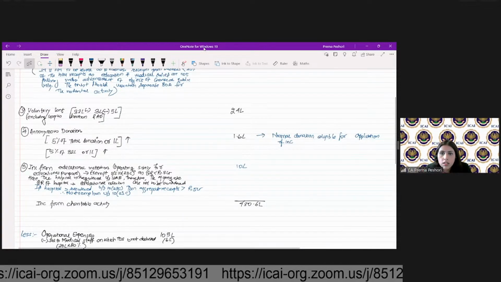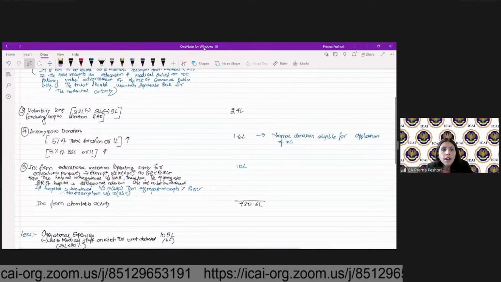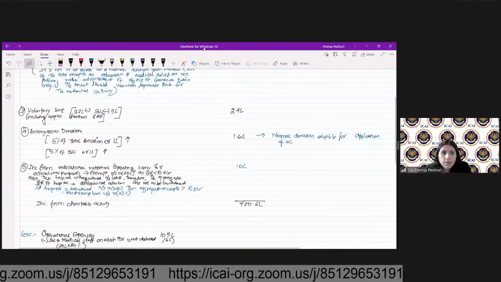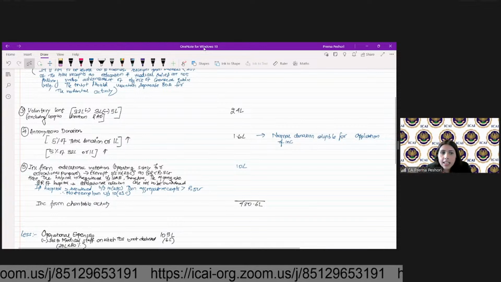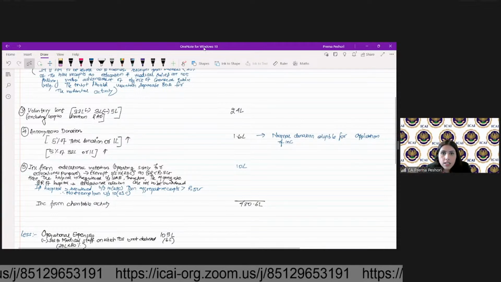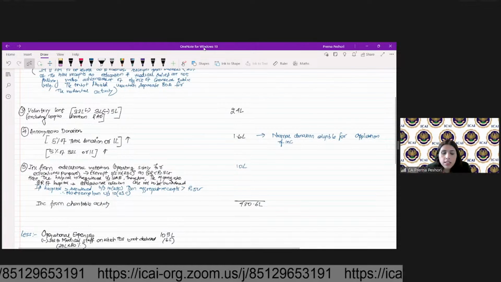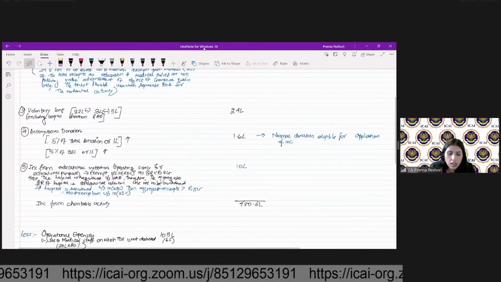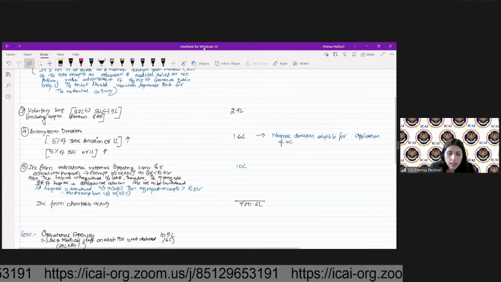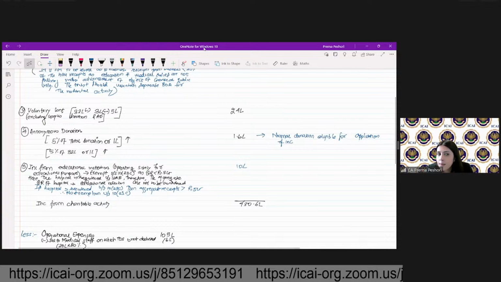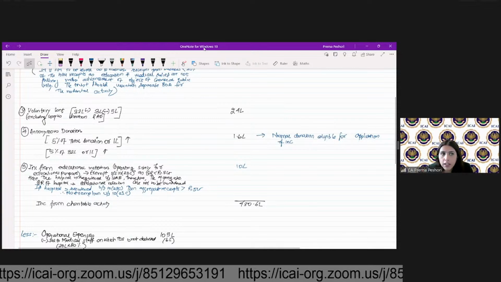I'm not getting any answer. 393 lakh is my gross receipts, isn't it? Minus 32 lakh. Okay. So 430.6 is my income from charitable activity.